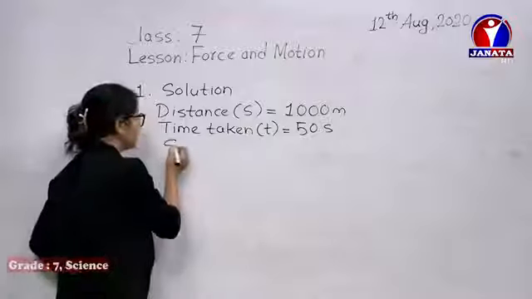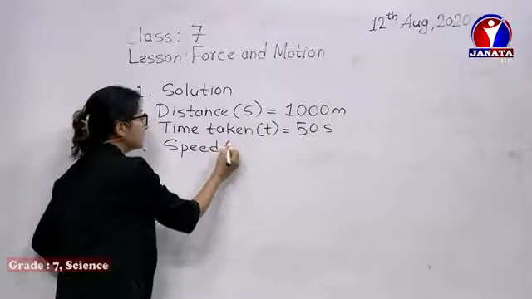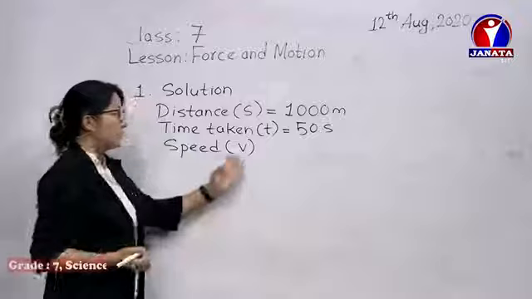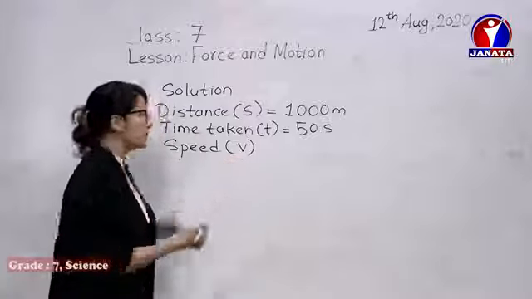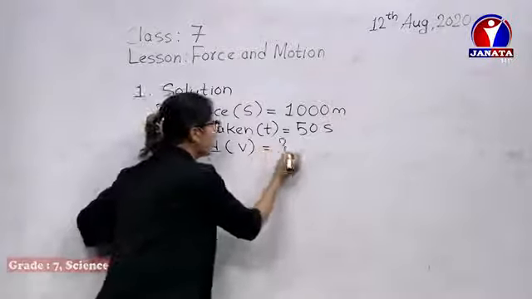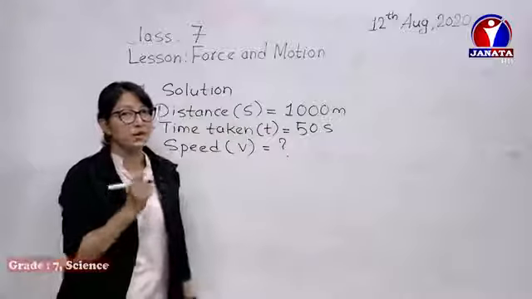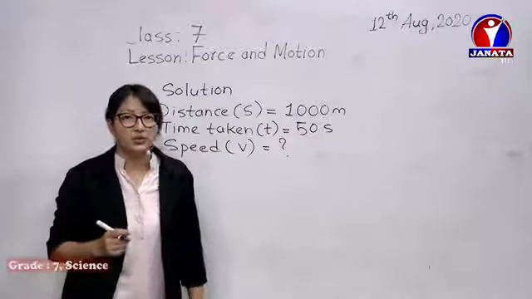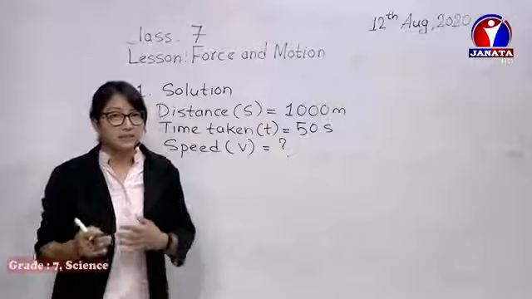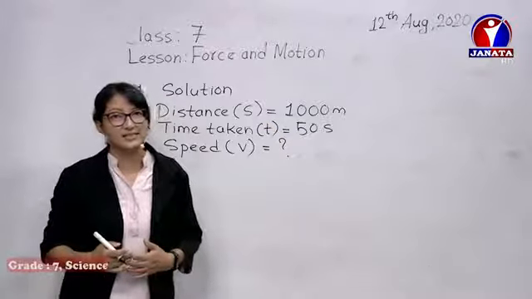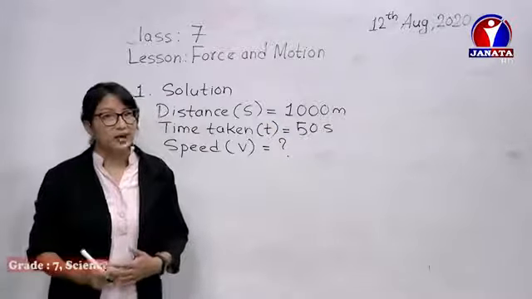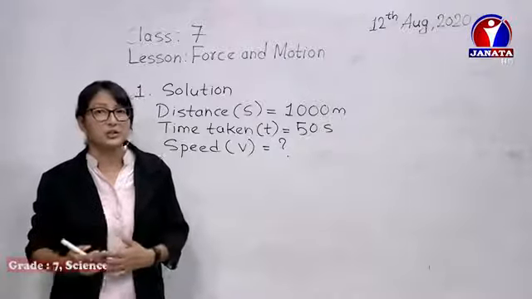What is the speed of that bus? We denote speed by the letter V. So speed V is equal to what? I think you remember the formula now. Speed is defined as the distance traveled per unit time.